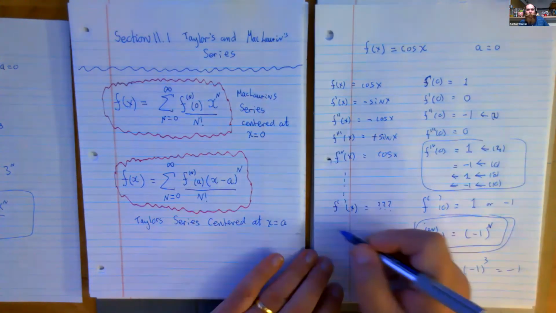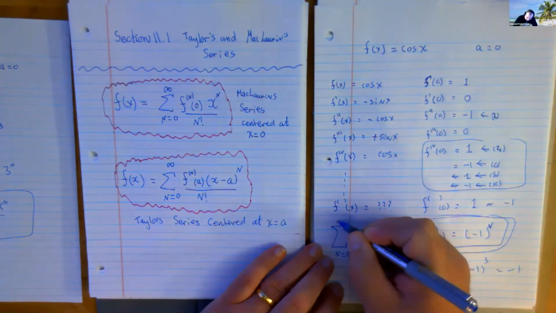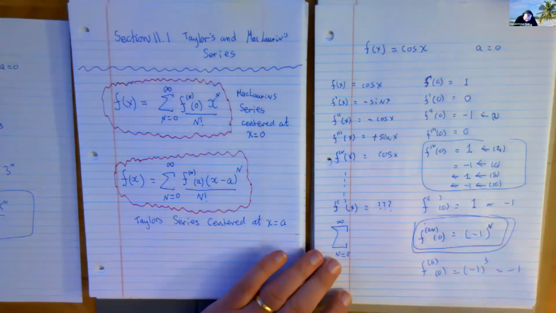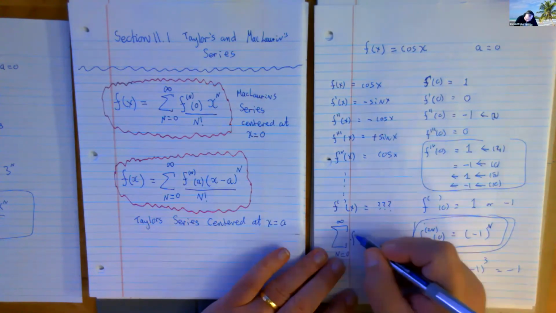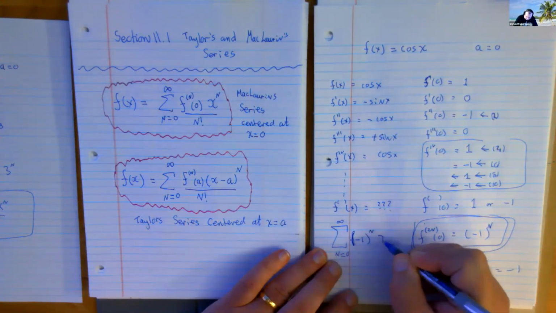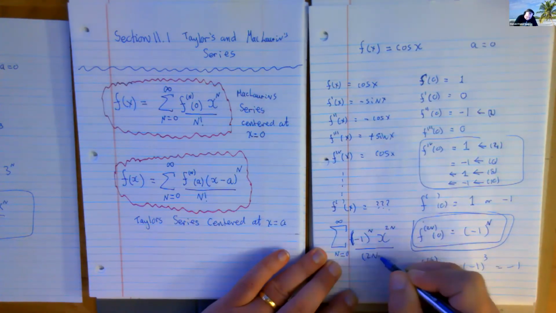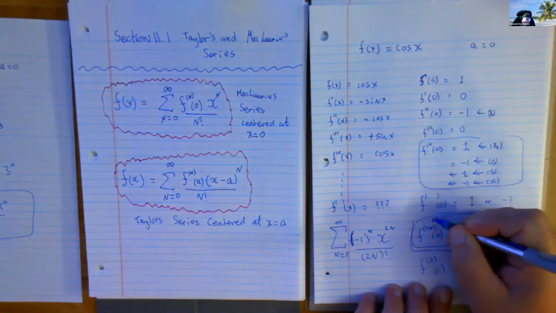So we're going to do the sum from n equals 0 to infinity. We are going to be putting in negative 1 to the n, x to the 2n over 2n factorial. And you're saying, why are all these 2n's being used?